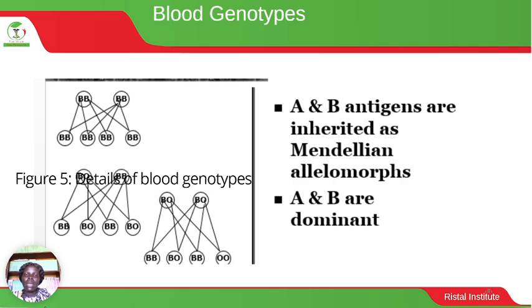A and B antigens are inherited as Mendelian allelomorphs, and A and B are dominant.